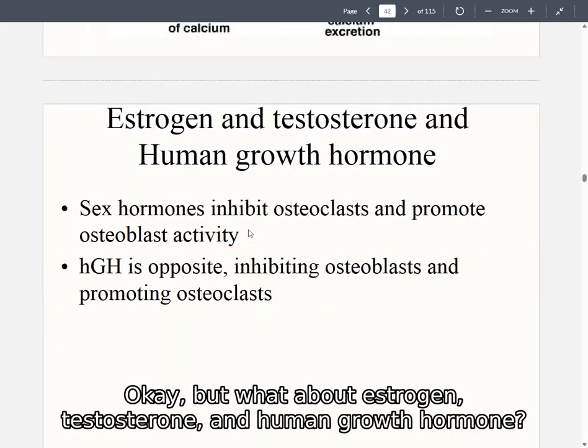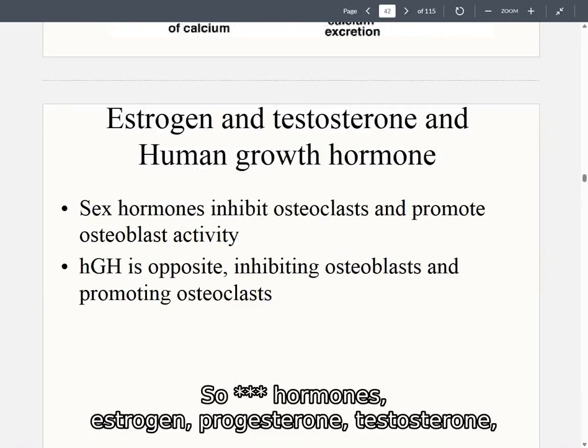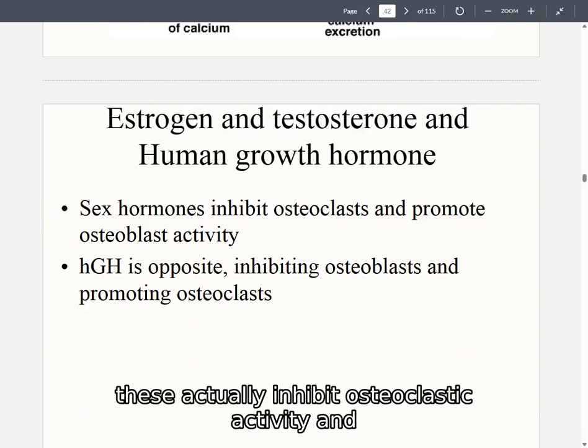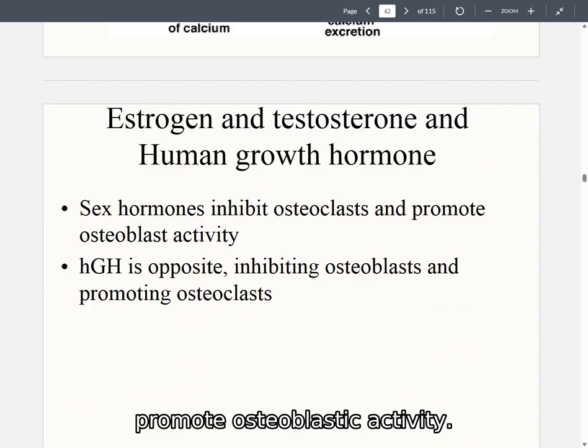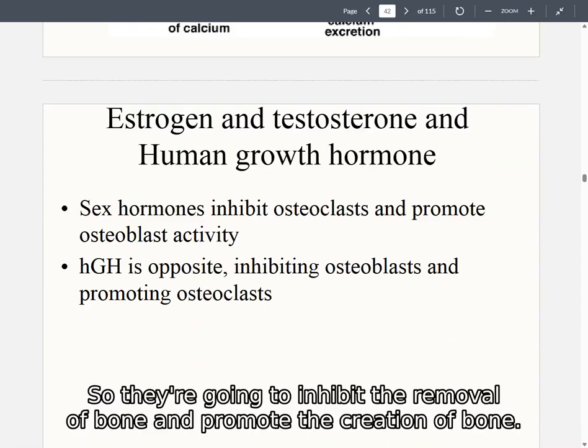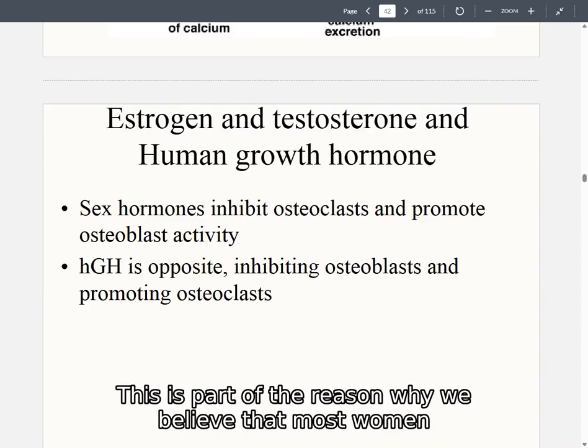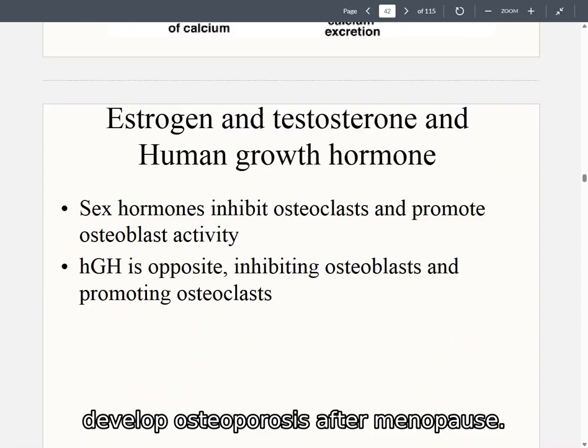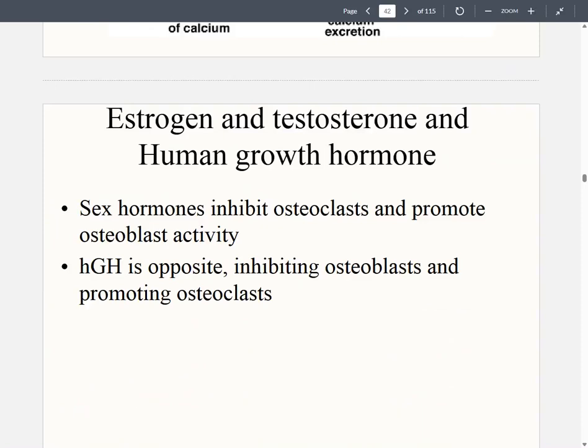Okay, but what about estrogen, testosterone, and human growth hormone? So, sex hormones, estrogen, progesterone, testosterone, these actually inhibit osteoclastic activity and promote osteoblastic activity. So they're going to inhibit the removal of bone and promote the creation of bone. This is part of the reason why we believe that most women develop osteoporosis after menopause.